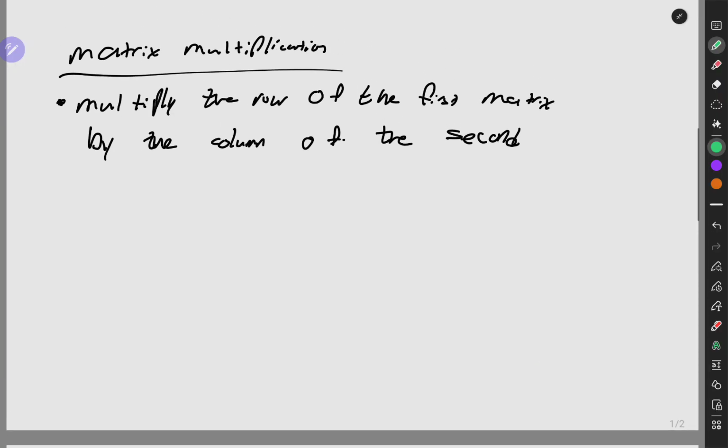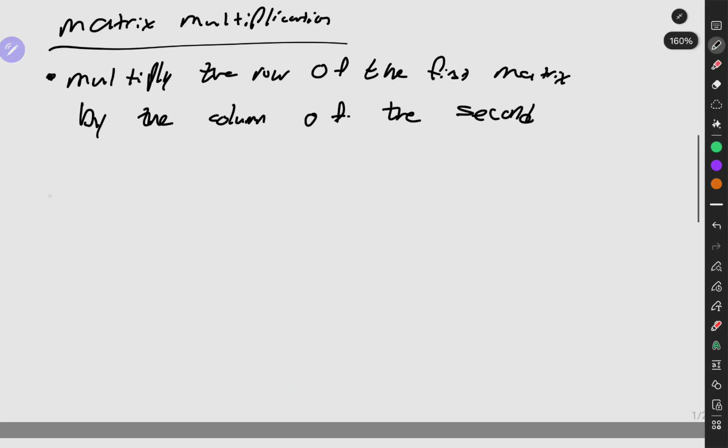There's some rules to this though. Rule number 1. I have them written over here somewhere, so I can just copy down what it says. Here it is.